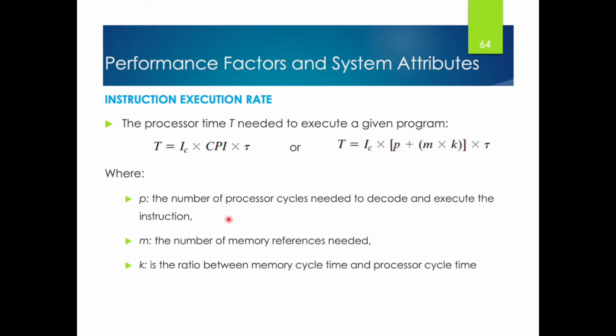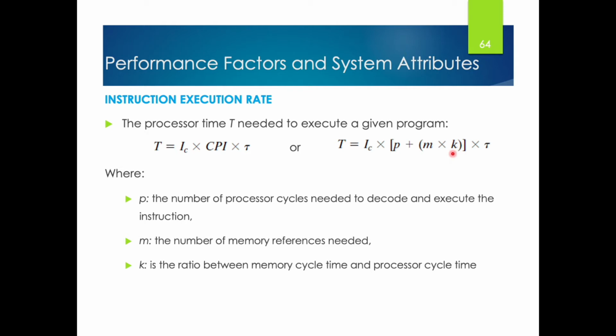M is the number of memory references needed. When the CPU wants to read something from the memory, it needs to take some clock cycles to access the information, right? And K is the ratio between the memory cycle time and the processor cycle time.